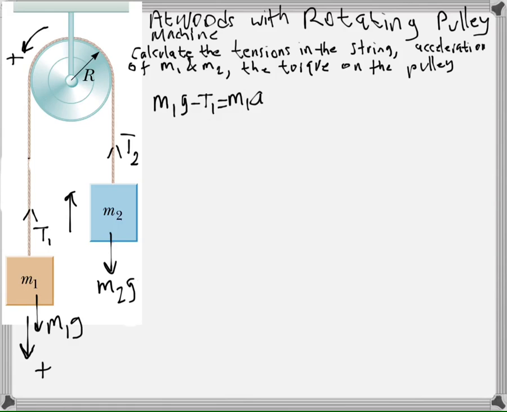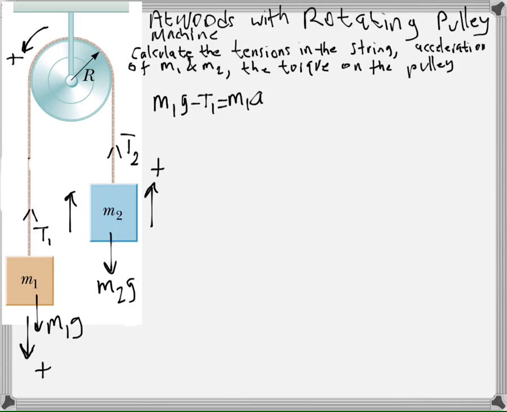So T2 is, so you have to be careful in here. If you choose for M1 down as plus, what is the plus direction for M2? Okay.